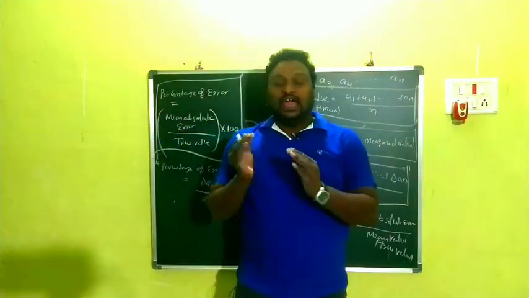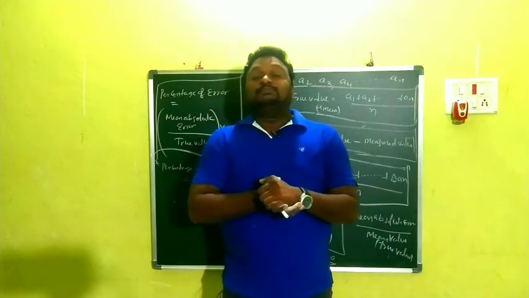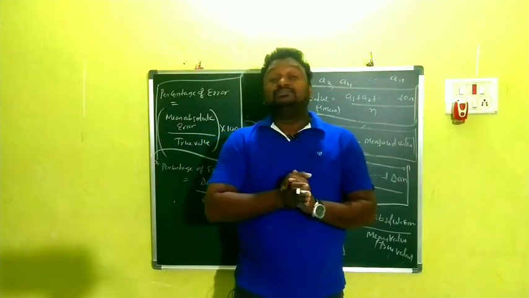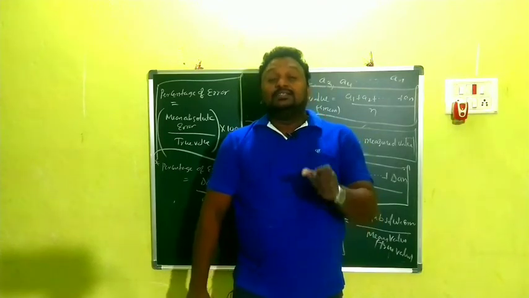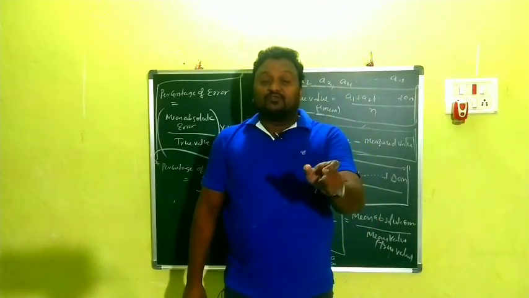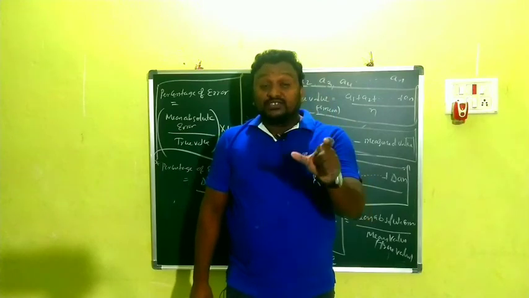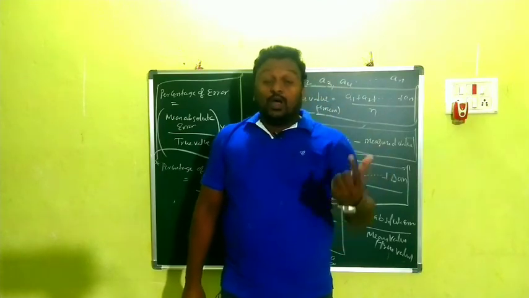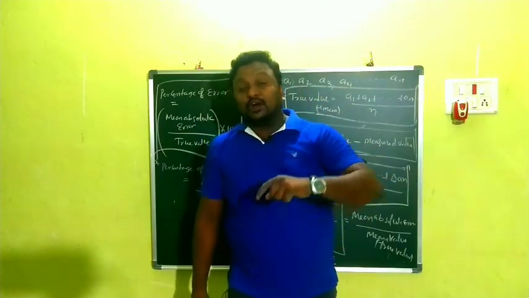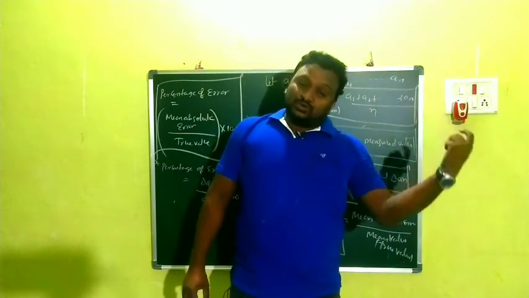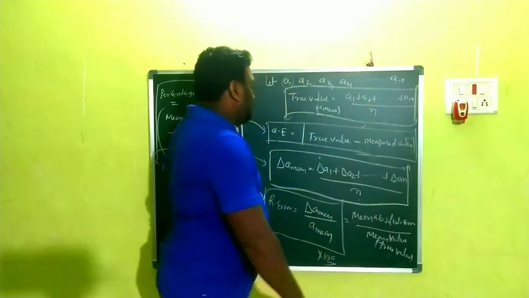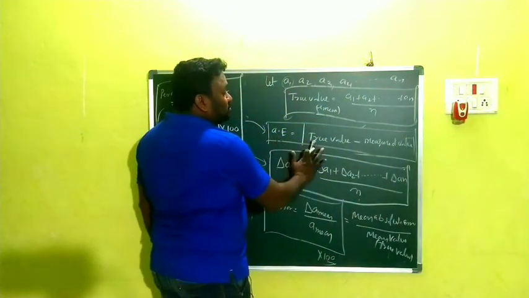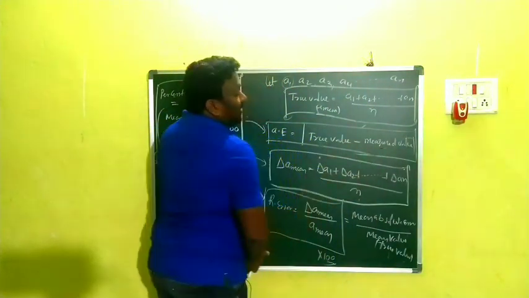Second thing is absolute error. Absolute error is nothing but the magnitude of the difference of the true value and the measured value. Like this: absolute error is equal to true value minus measured value.